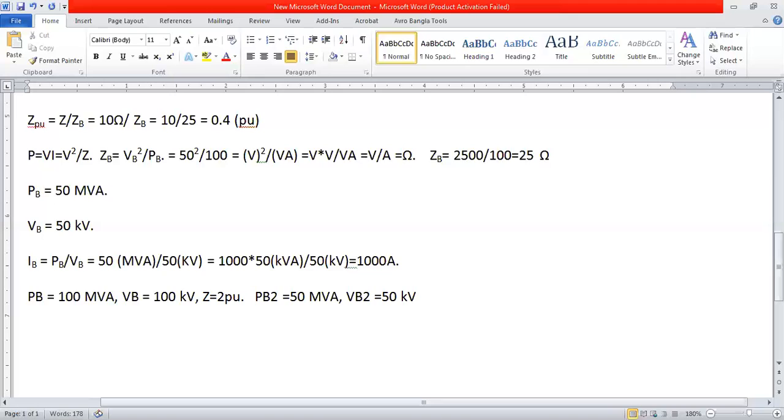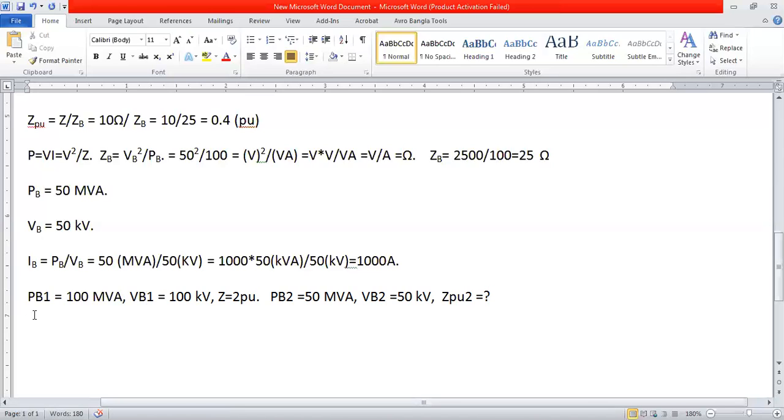So if the base value is changed from one to another, then what is the new value of impedance per unit? If the question looks like this, then we will use the new equation.